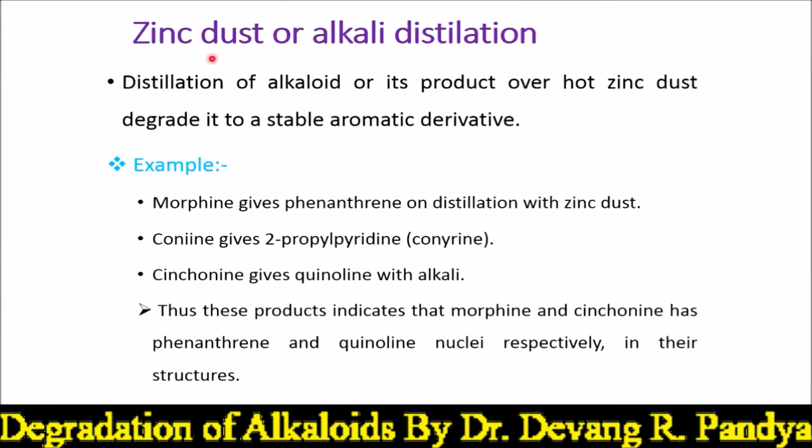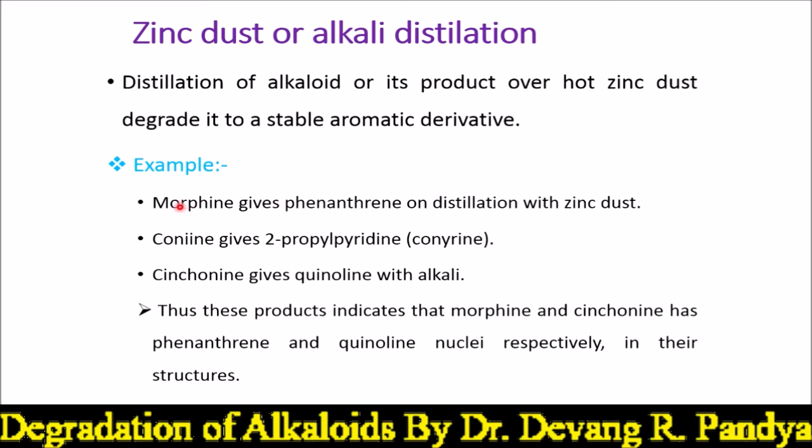Now another is the zinc dust or alkali distillation process. Distillation of alkaloid or its product over hot zinc dust degrades it to a stable aromatic derivative. We have examples out of the 4 alkaloids in our syllabus.